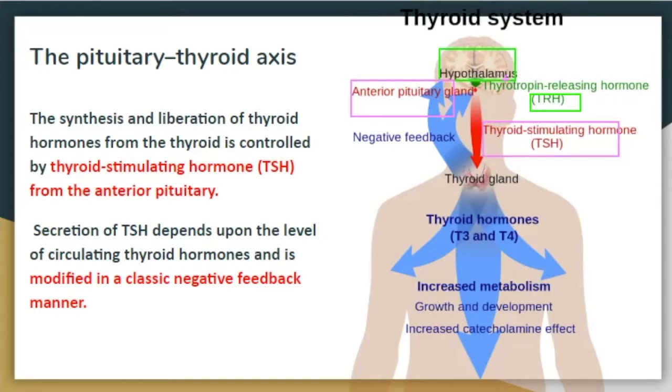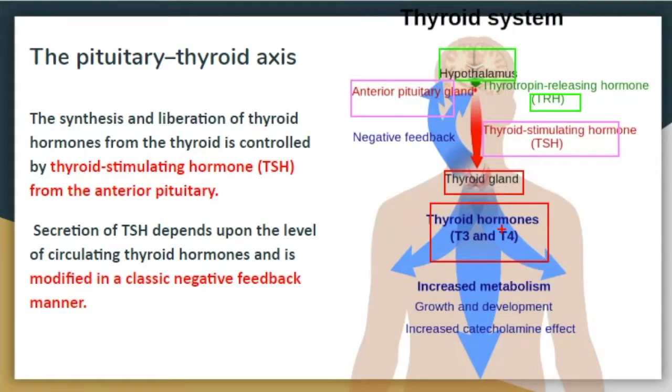So the hypothalamus releases the thyrotropin releasing hormone, which stimulates the anterior pituitary gland to produce the TSH. Now this TSH goes towards the thyroid gland, and here it acts on the receptors present on the thyroid gland and influences the trapping, the secretion, and the release of our thyroid hormones.